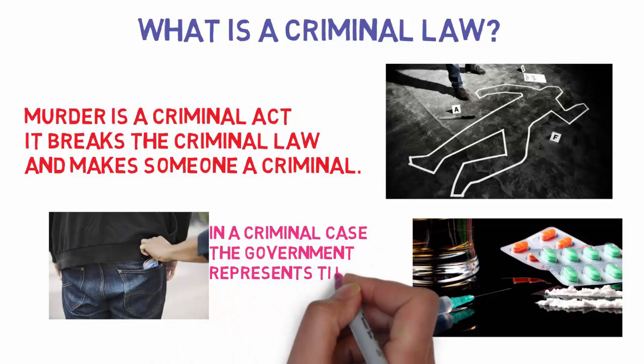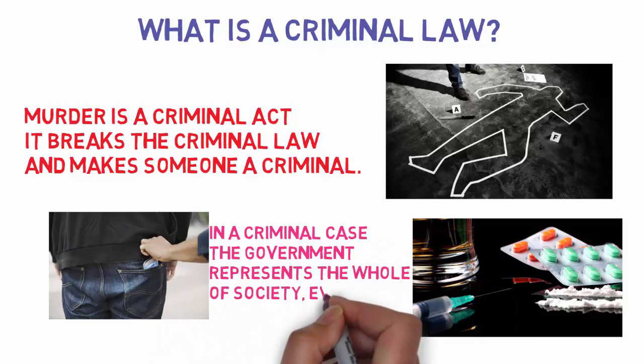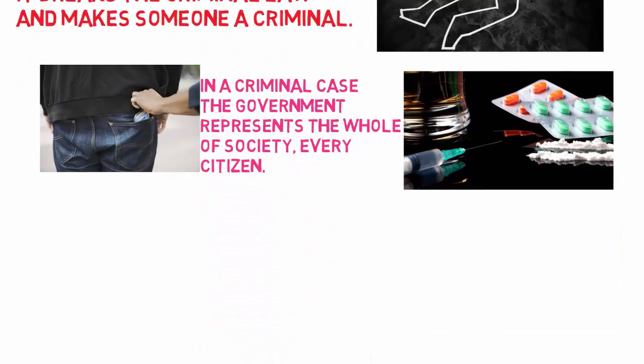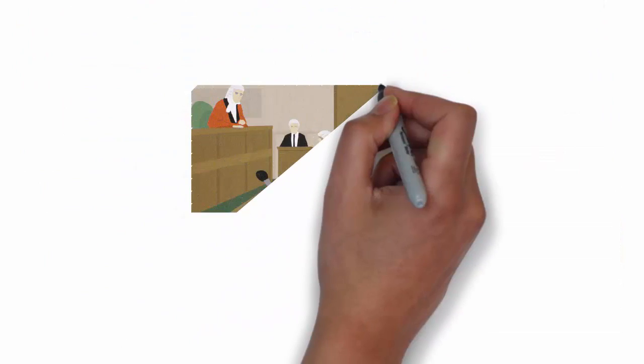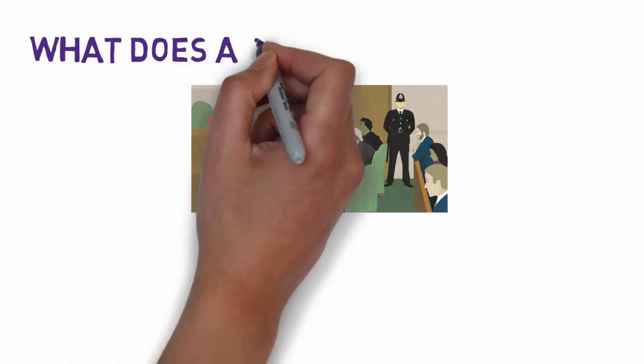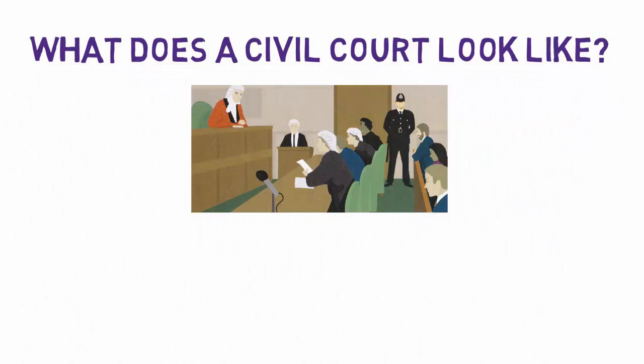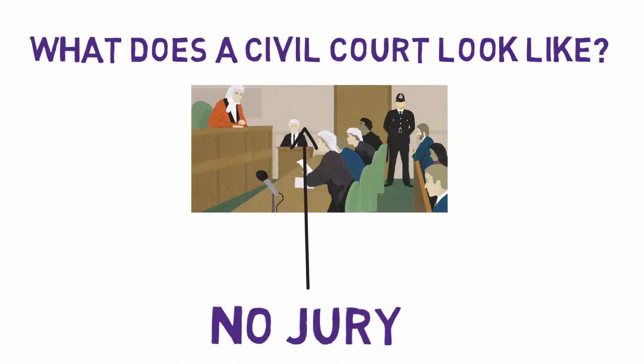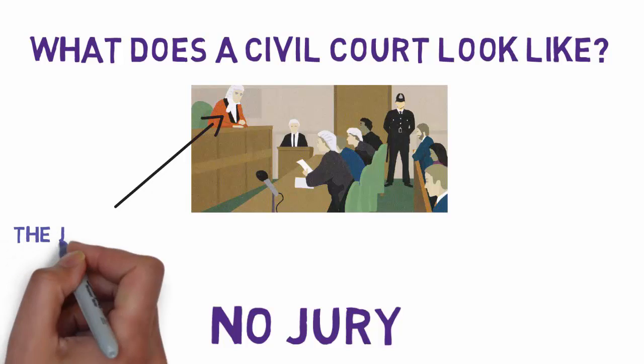Now, the difference in the different types of court. In a civil court, you can see from the picture, there'll just be a judge sitting there without a jury. It tries to be much simpler, because going to a big court is very expensive, so individuals will be keen to keep it as inexpensive as possible.